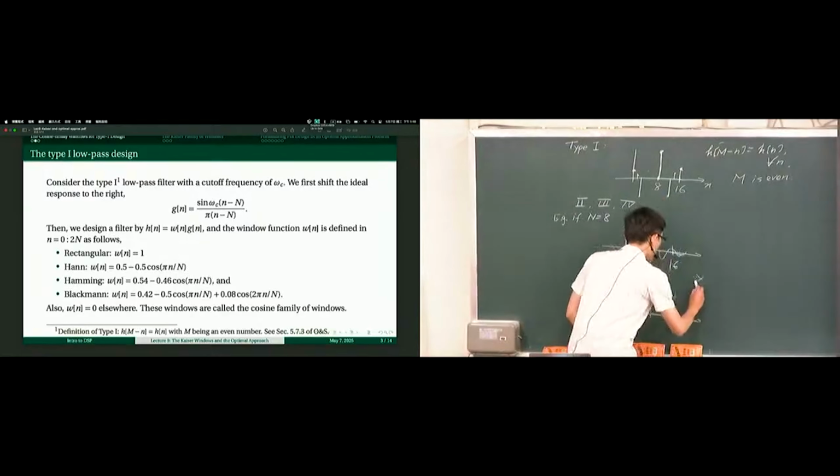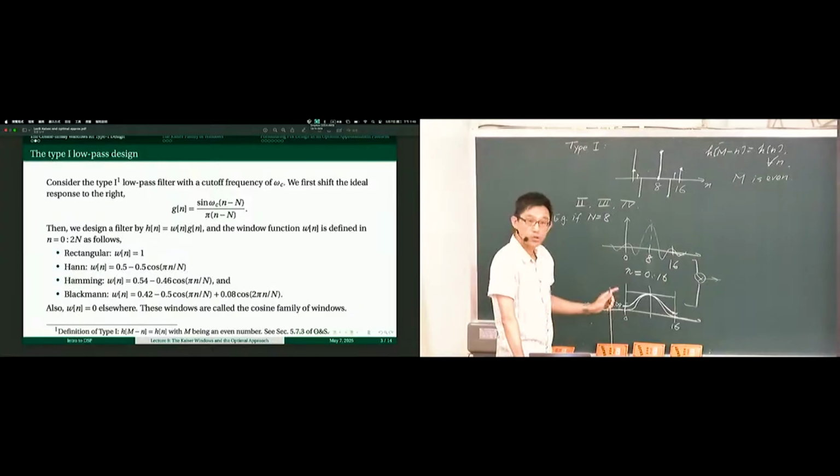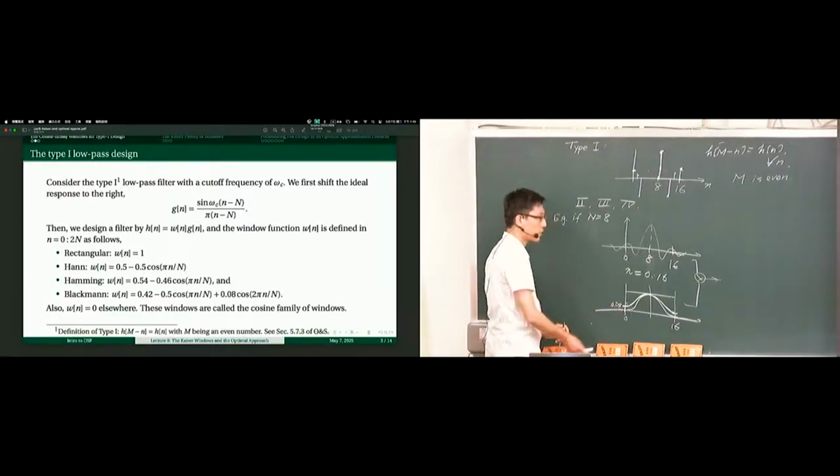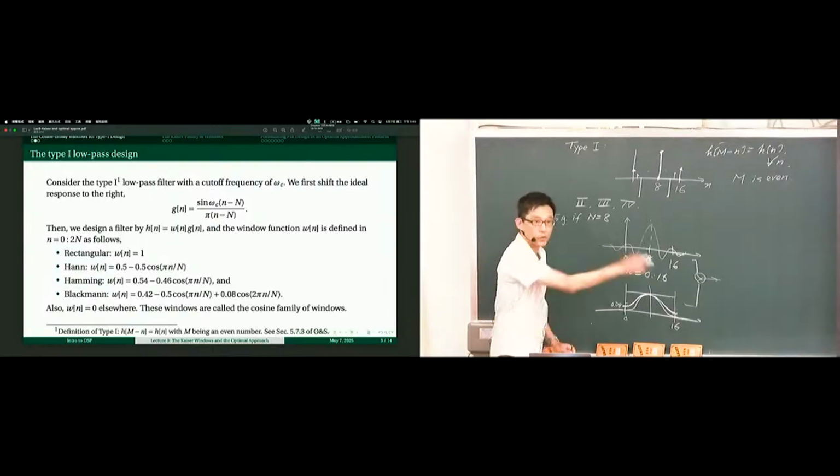After you multiply them in the time domain, you have a FIR filter, which is causal. So the hassle of introducing a shift and so on is to ensure that the result is causal. Remember the definition of causality? Causal means that the filtering action cannot depend on the future.